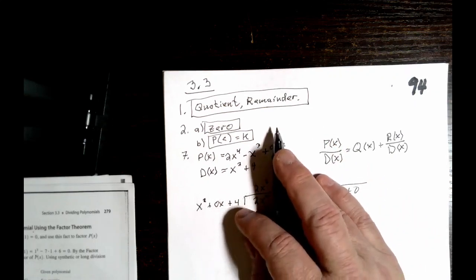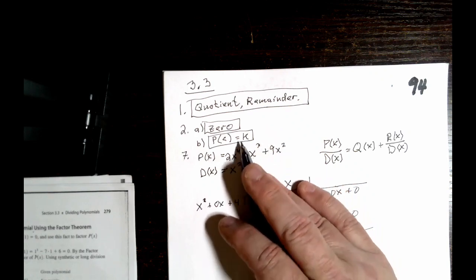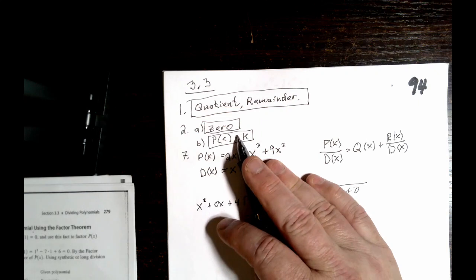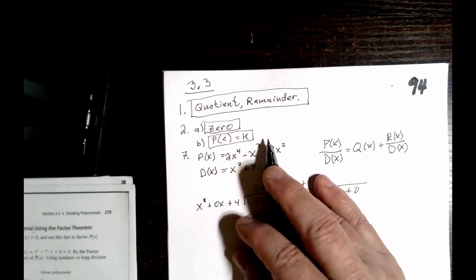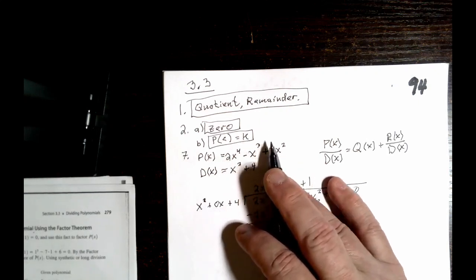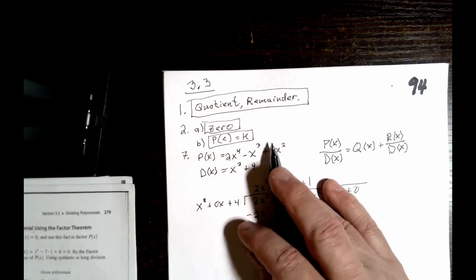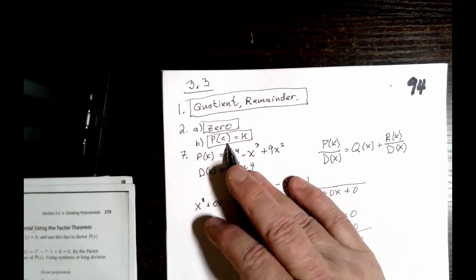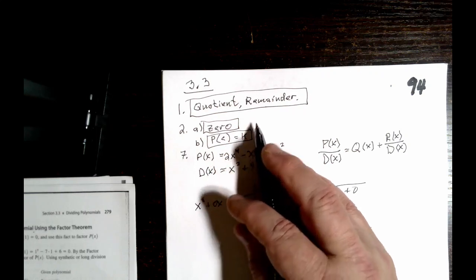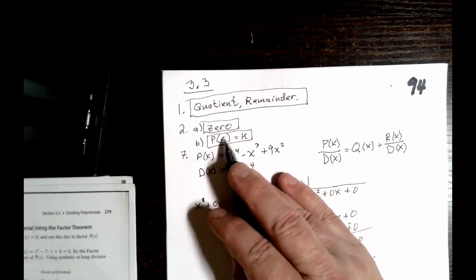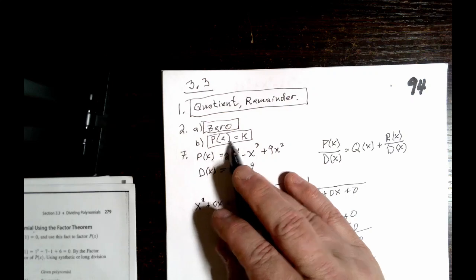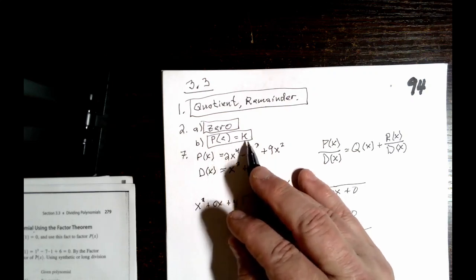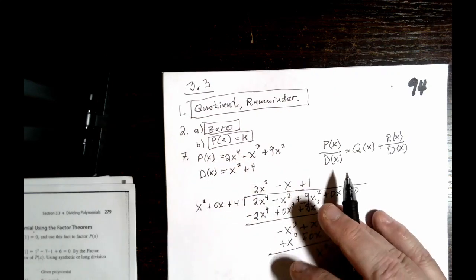If we divide the polynomial by the factor x minus c and we obtain a remainder of 0, we know that c is a factor of p, and it's also a 0 of p. If we divide by x minus c, we obtain a remainder of k. We know that p of c equals k. Remember, if you get a remainder of k by dividing by c, then you know p of c always equals your remainder, in this case, k.